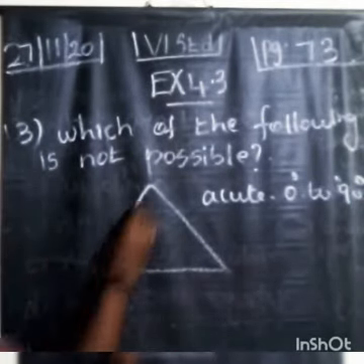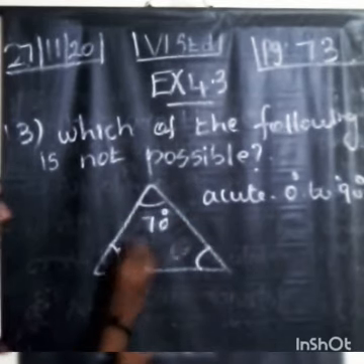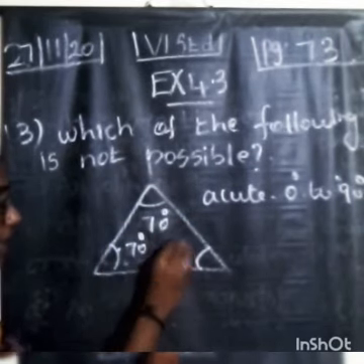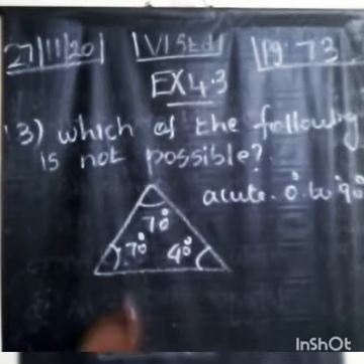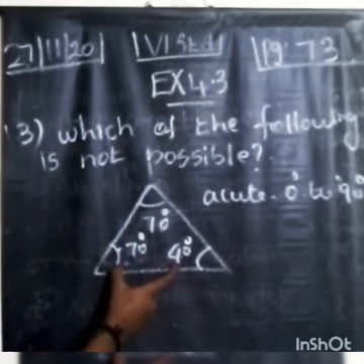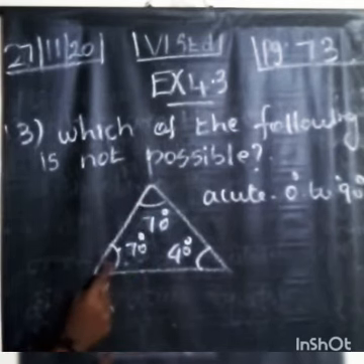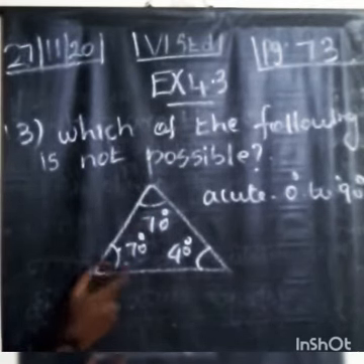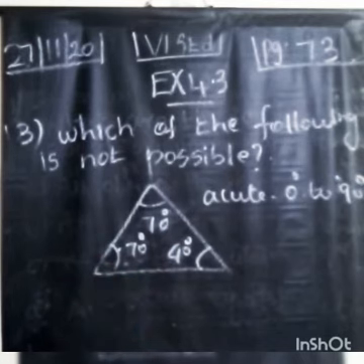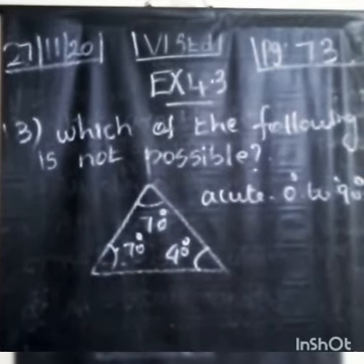Here the angles are 70 degrees, 70 degrees and 40 degrees. All are between 0 and 90 degrees and two angles are equal, so this is an acute isosceles triangle, which is also possible.